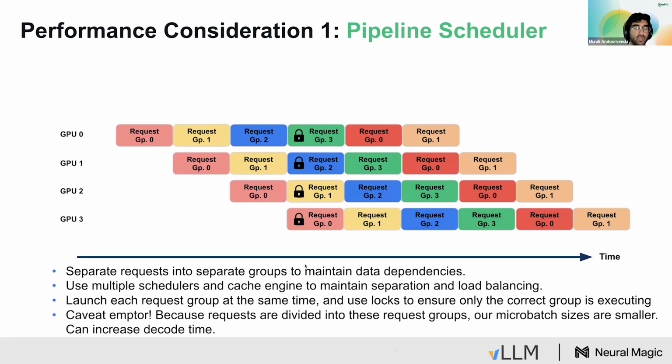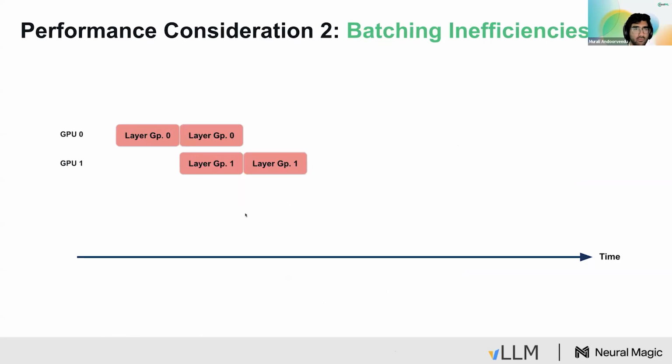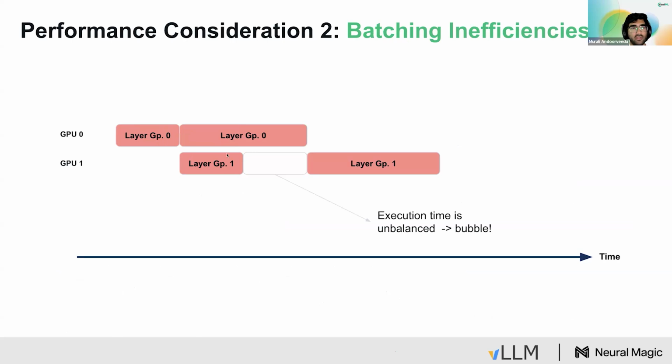And so this is one of those things with pipeline parallelism that you have to really be aware of. Another thing to keep in mind is, like I mentioned, these batching inefficiencies, but also the fact that different micro batches could take a different amount of time. And so what this leads to is bubbles, which we want to avoid, right?